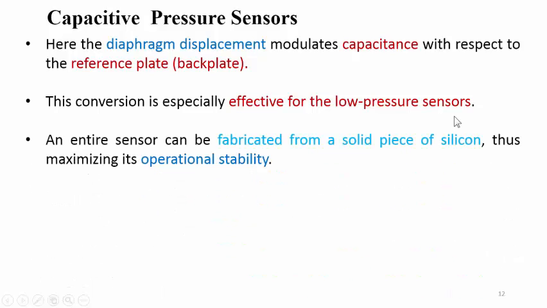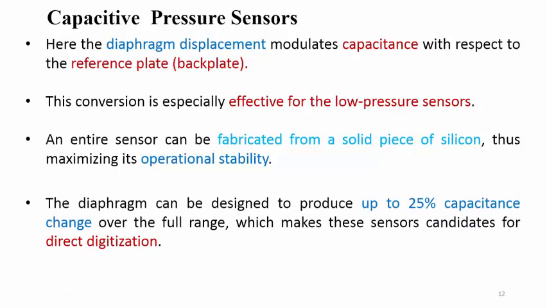This conversion is especially effective for low pressure sensors. An entire sensor can be fabricated from a solid piece of silicon, thus maximizing its operational stability.